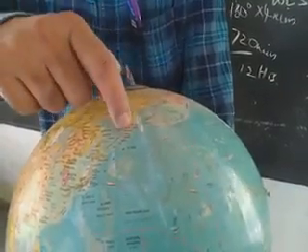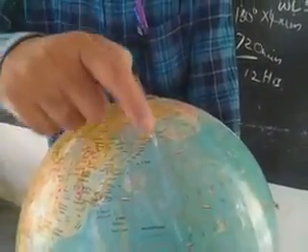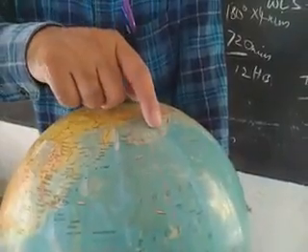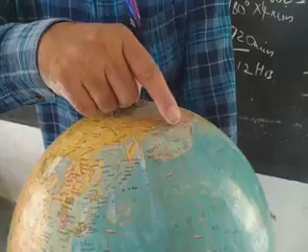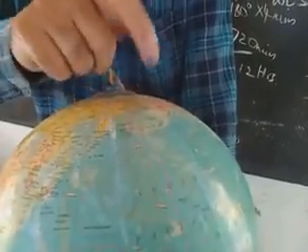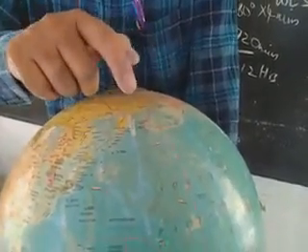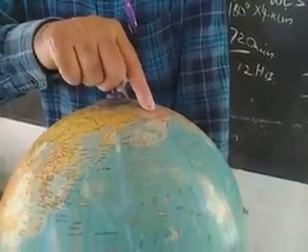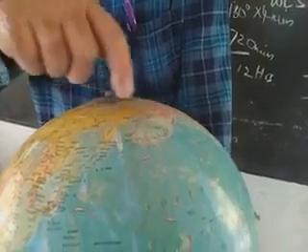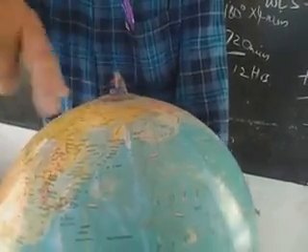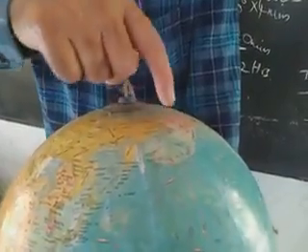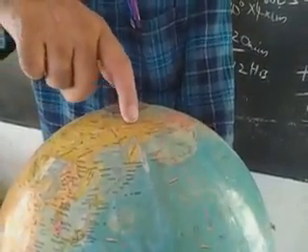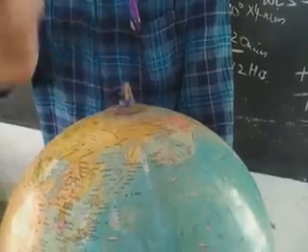If you come from east to west, automatically one day will be lost. That means here the date is 25th, the date here will be the 24th. As you go towards the east, the time gains, that means adds.